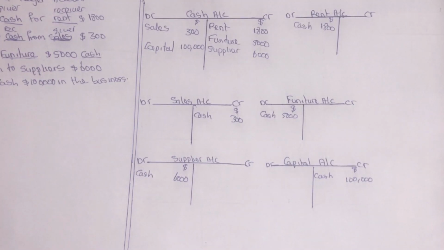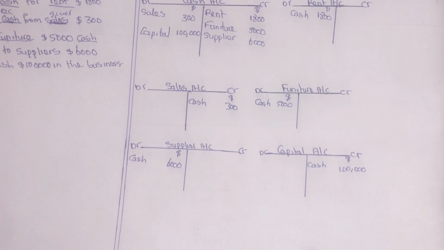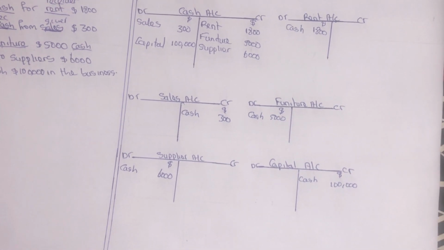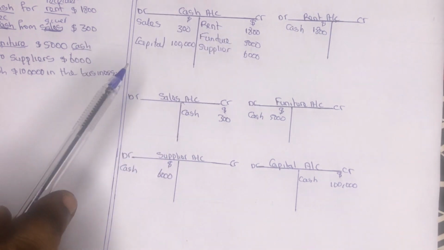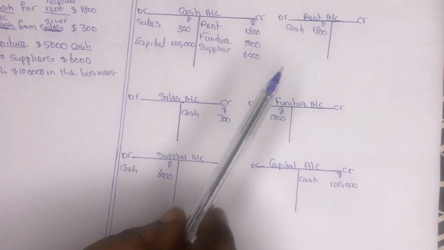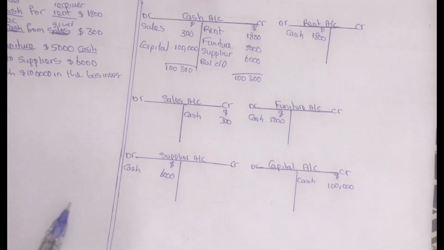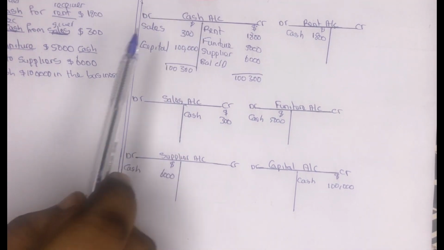So after doing all your transactions, you need to close all your ledger accounts. So when closing the ledger account, remember the asset accounts have a debit balance, and the expense accounts also have a debit balance. The liabilities have credit balances. So let's look at the cash account.